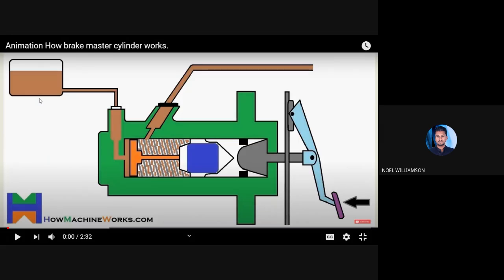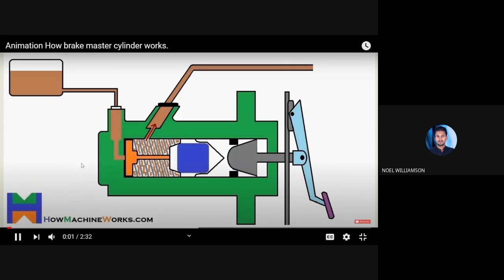We can see certain videos regarding the working of various types of braking systems, and here you can see the master cylinder. We will be discussing certain components, and this is the master cylinder, and what all things come under these components you can see here. Visualize the various animations. After that, we will get some idea regarding this working.